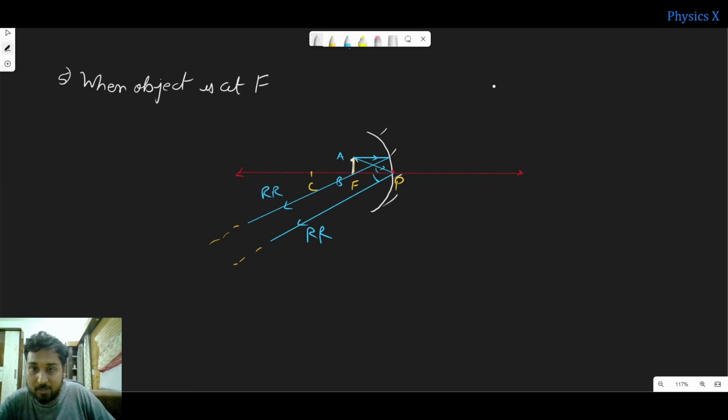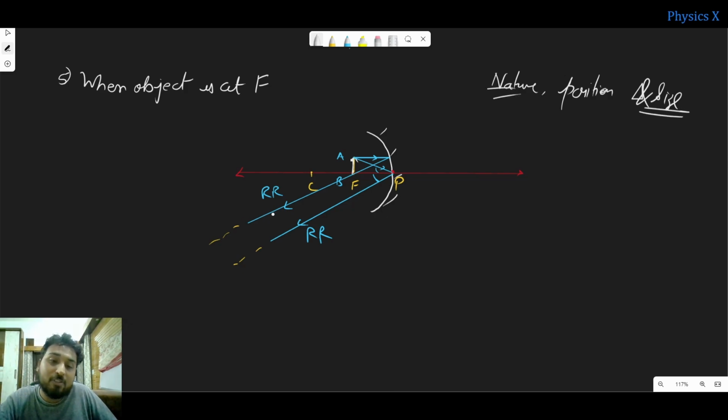Okay, now I am telling the nature, position and size, right? So this is what I am telling now. Obviously, this is the reflecting side of the mirror. So somewhere at infinity, these rays will be meeting.